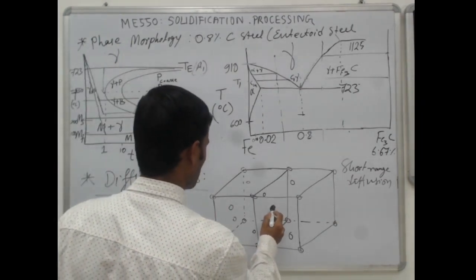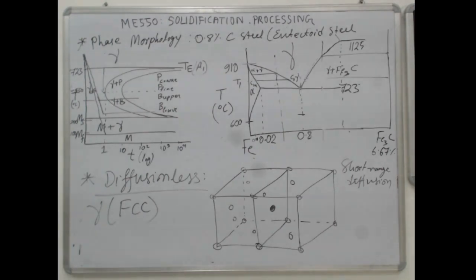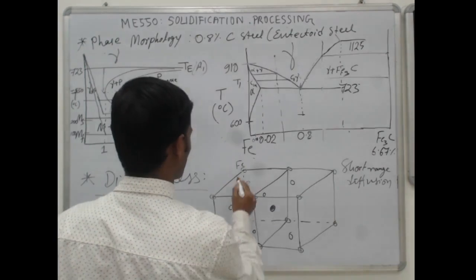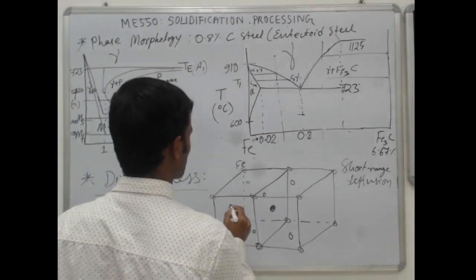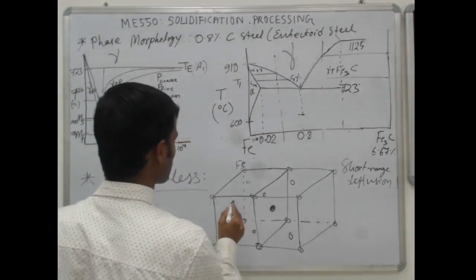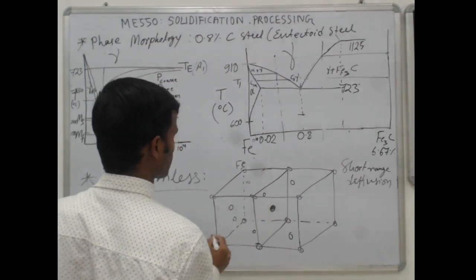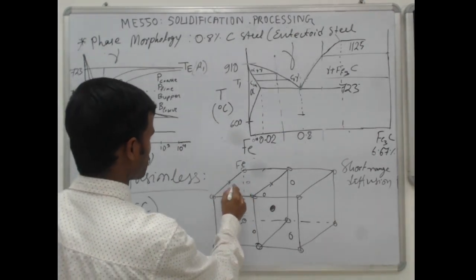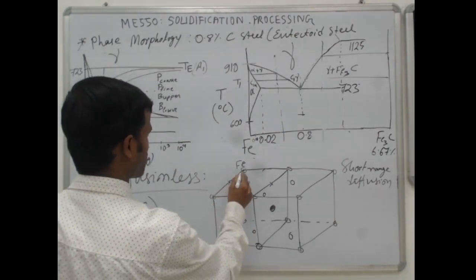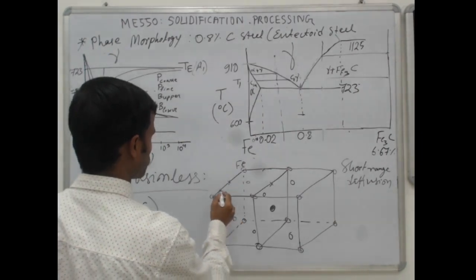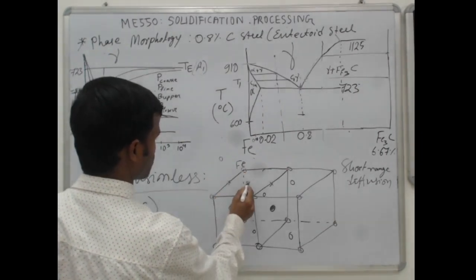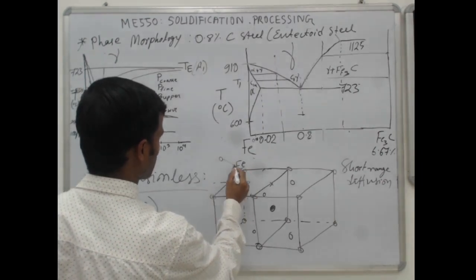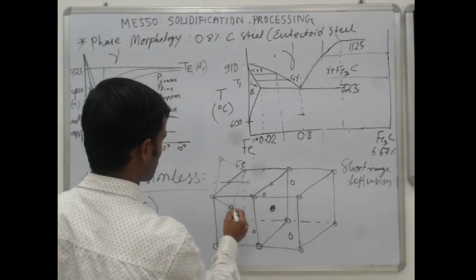This is one regular iron atom, these are Fe. The carbon atom will go to the octahedral position, and the octahedral positions are, say, this is one octahedral, this is one octahedral, this is one octahedral. How is it octahedral? You see, on the top you have one, in front you have one, on this side also you have one. So you get an octahedral structure like this.